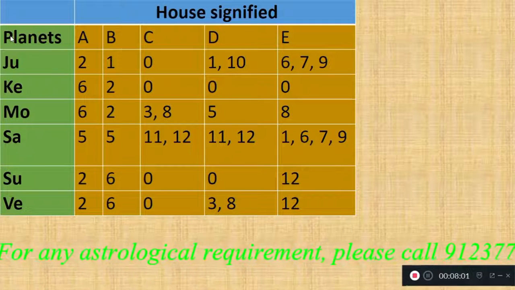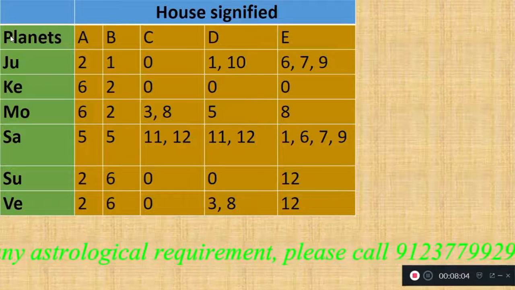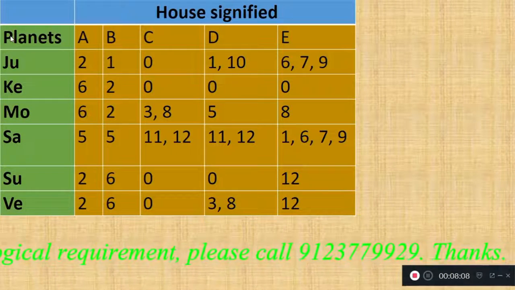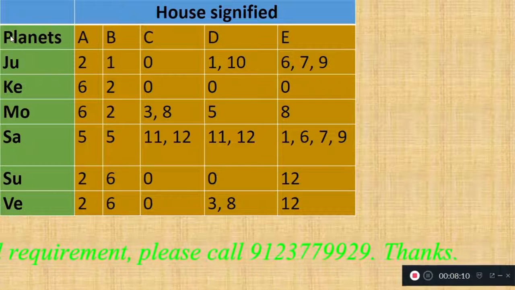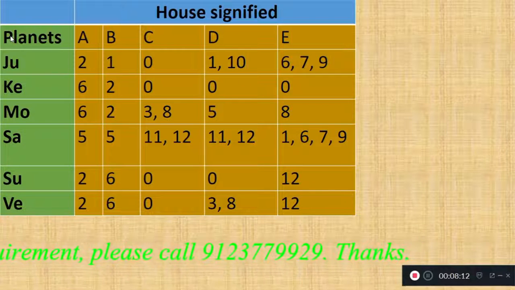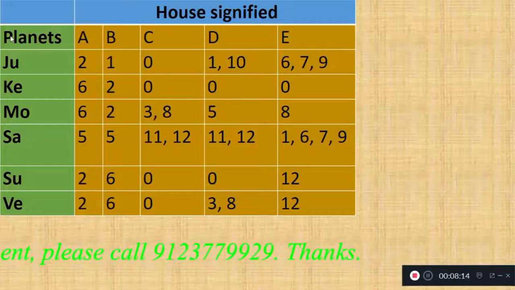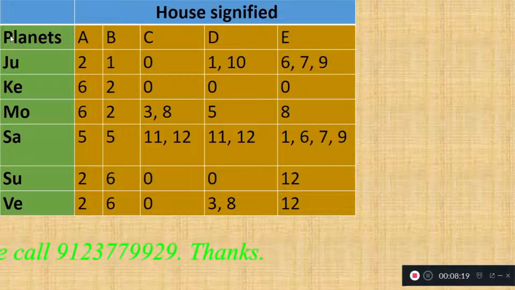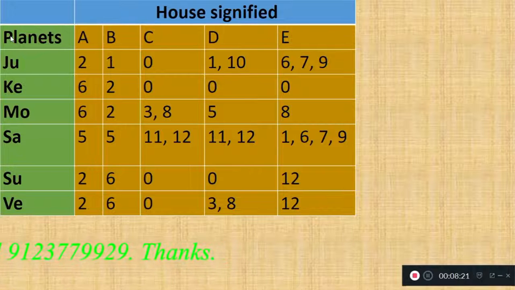Saturn signifies 5th, 11th, 12th, ascendant, 6th, 7th and 9th. Sun signifies 2nd, 6th and 12th. Venus signifies 2nd, 6th, 3rd, 8th and 12th.